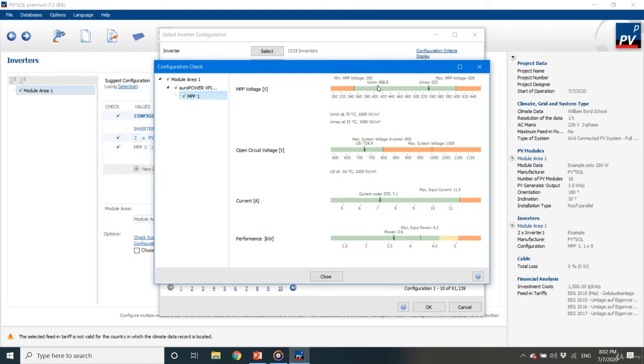The same goes for the maximum open circuit voltage, or open circuit voltage at 7.1 ampere. It's a result of 40 volt multiplied by 18, giving us 720 volts, which is below the inverter rating. And also all of the other parameters are within ranges of the inverter and its maximum power point tracking channels.